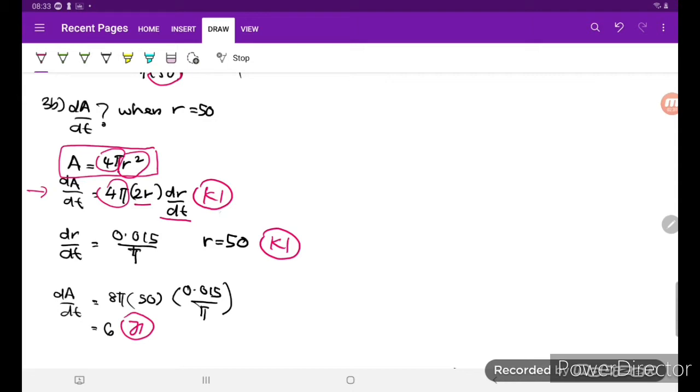So you will get k1, and then given this is what we calculated earlier at a. Okay, and then this is given, so you substitute 50, and this one, because you calculated earlier, you get k1.